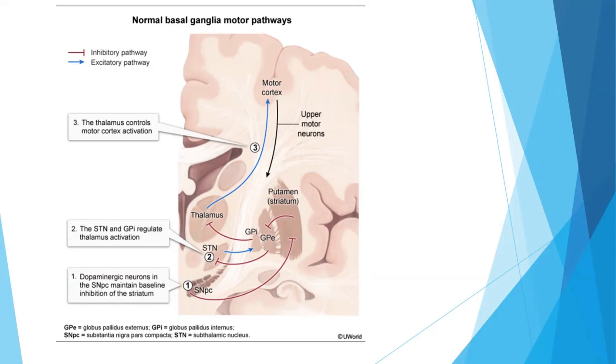The function of the globus pallidus internus is to cause inhibition of the thalamus. And when the thalamus is inhibited, there is no movement, right?